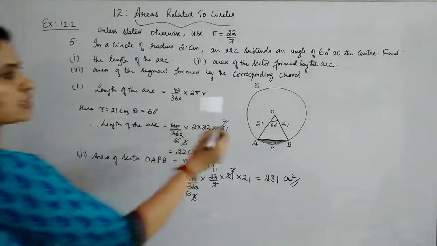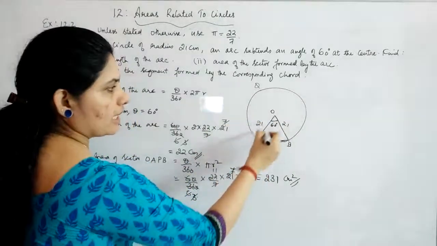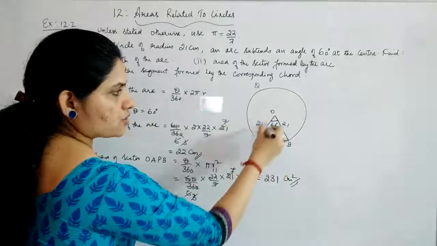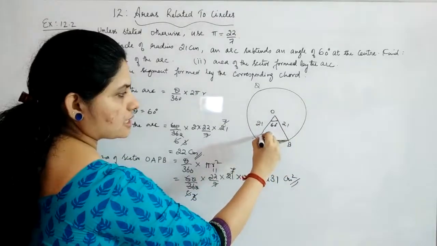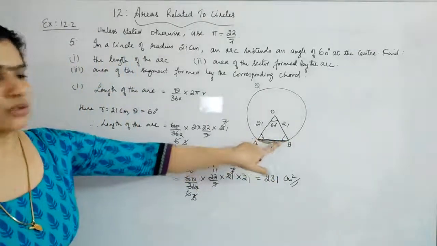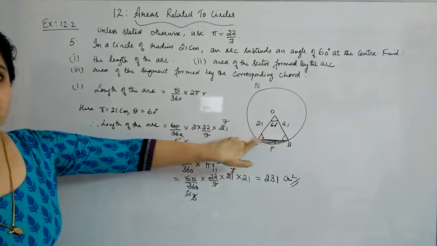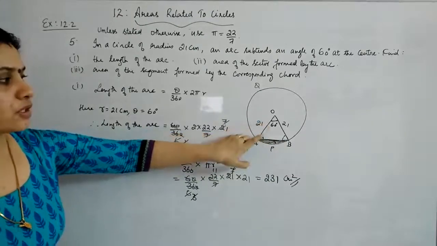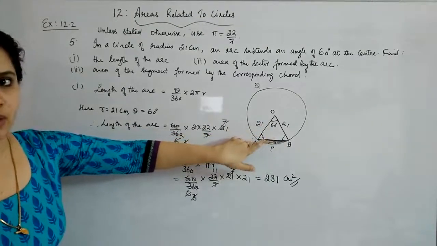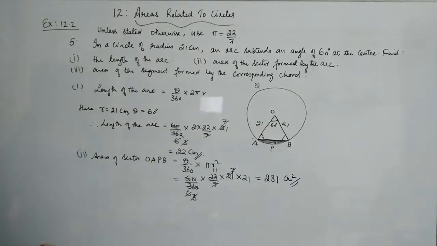Okay, you can just see this is 60 degrees and this is 21, this is 21. That means OA is equal to OB. Now since these two sides are equal, you can say that their opposite angles are equal. So you'll get angle A equal to angle B. Now for this triangle, these two are equal and this is 60, so you will get their sum as 120, and both should be equal, which means each one will be 60 degree. That means triangle OAB will be an equilateral triangle.